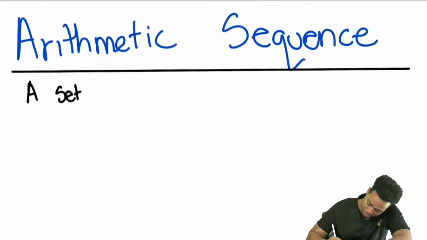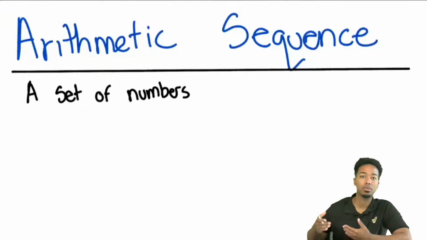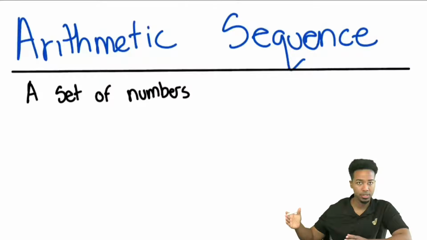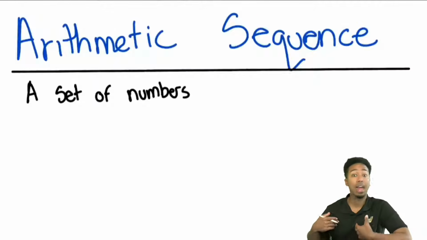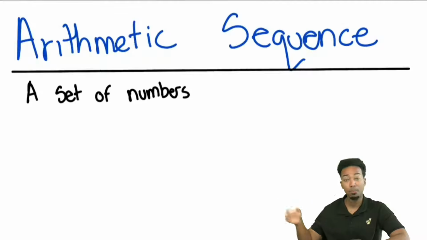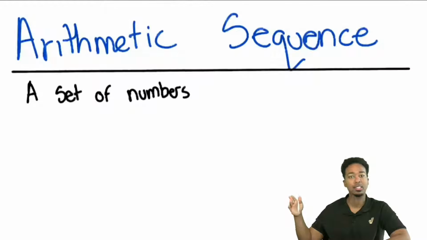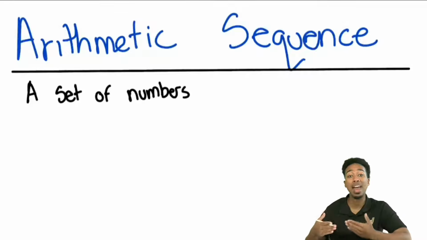So a set of numbers where you add the same number to go from one term to the next. So basically just saying, like, if we're adding 2 every time, plus 2, plus 2, plus 2, plus 2. If the difference every time is, take away or subtract 10, subtract 10, subtract 10, subtract 10. It's the same pattern from one number to the next.